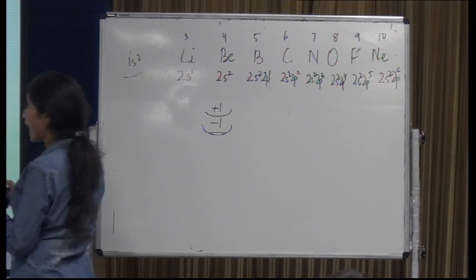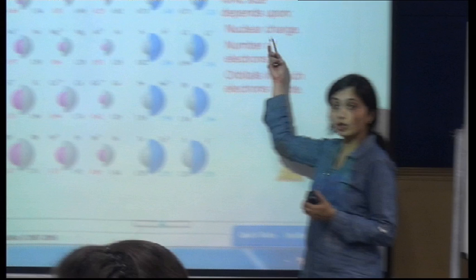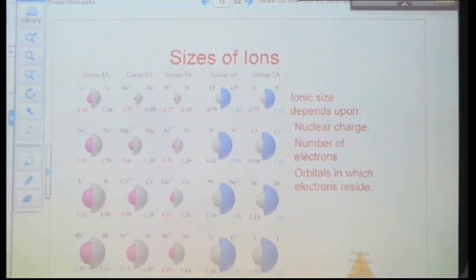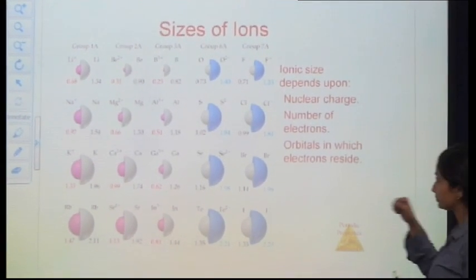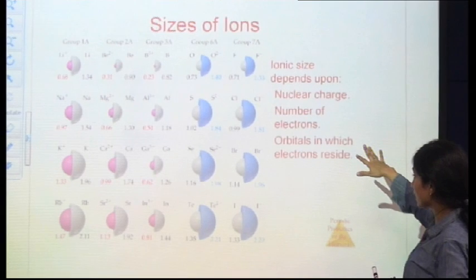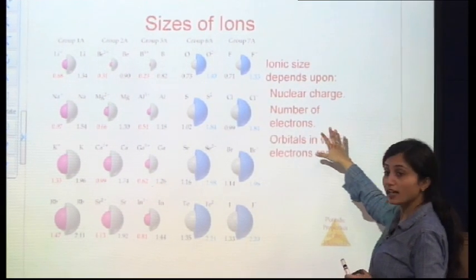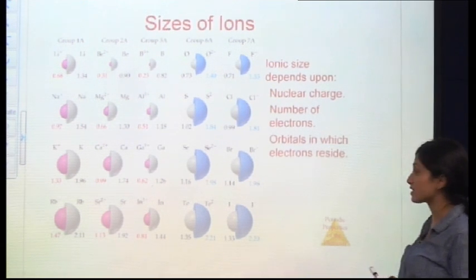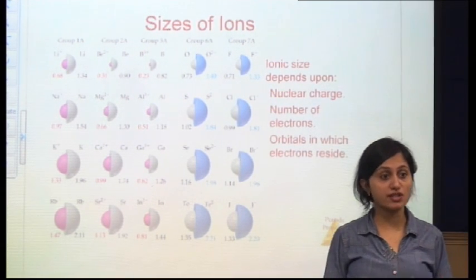See, the ionic size also depends upon the nuclear charge, that is, how much charge there is at that time. Okay. So ionic size depends upon the nuclear charge, it depends upon the number of electrons, and it also depends upon the orbitals in which the electrons reside.